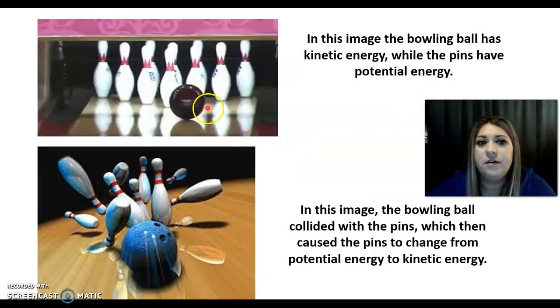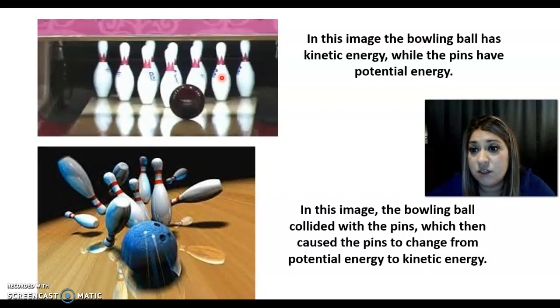In this scenario, we have the bowling ball again. As this bowling ball is rolling down this lane at a bowling alley, that ball is moving. It is in motion. It has kinetic energy. These pins are not moving. They're standing still. They're upright and uniform. They're not moving whatsoever. So we know that they have potential energy.